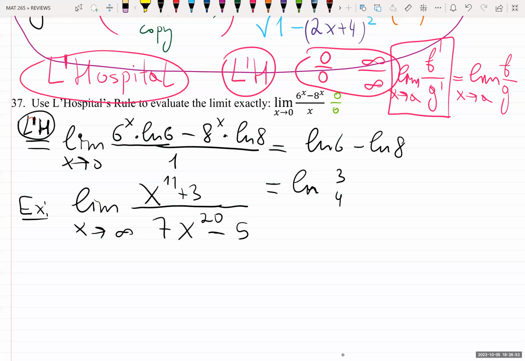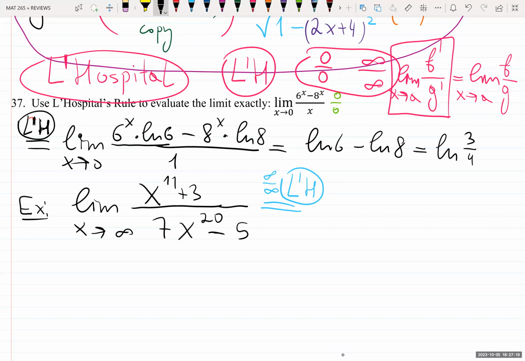You check first if you can use L'Hopital rule. And indeed, it is an infinity over infinity case. X to the 11 and x to the 20 blow up to infinity. It's infinity over infinity. Let's use L'Hopital.